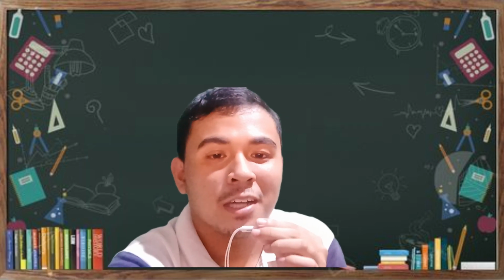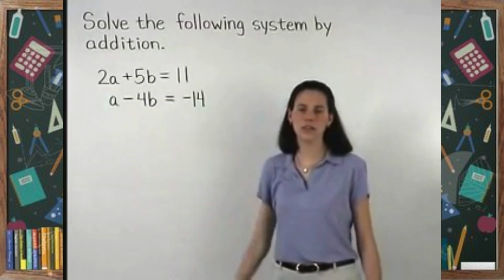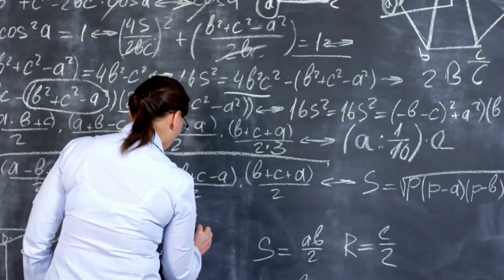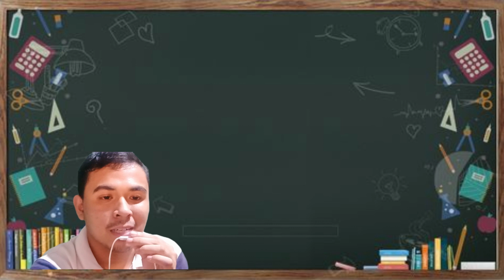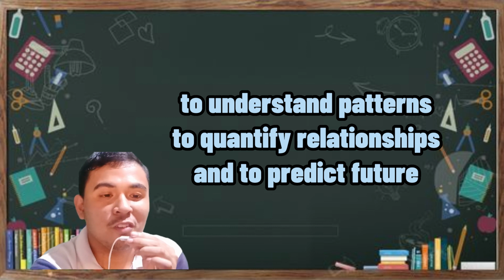Our teachers in previous years taught us that mathematics is derived from the contributions of brilliant thinkers across the globe and throughout the ages. The sole purpose of this subject is to give us a way to understand patterns, to quantify relationships, and to predict the future.